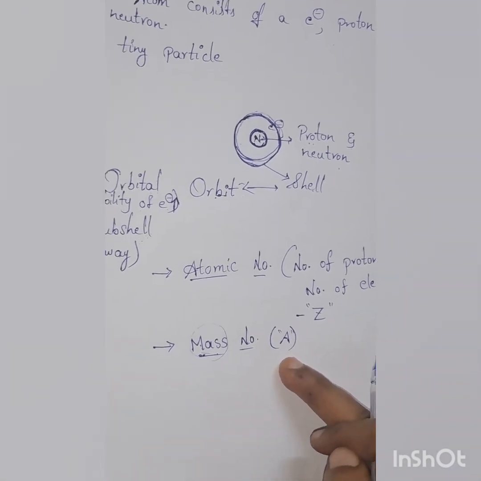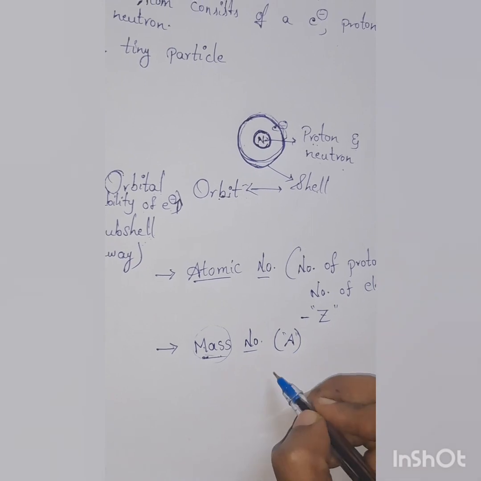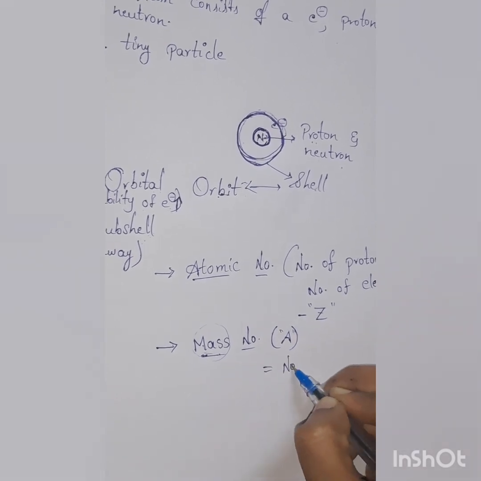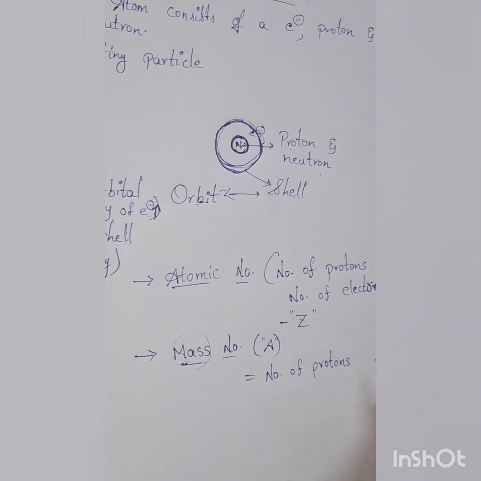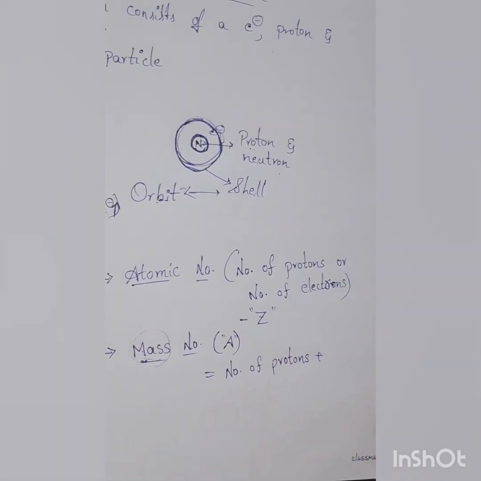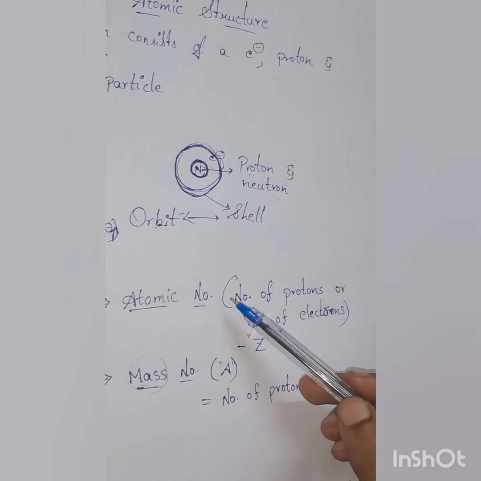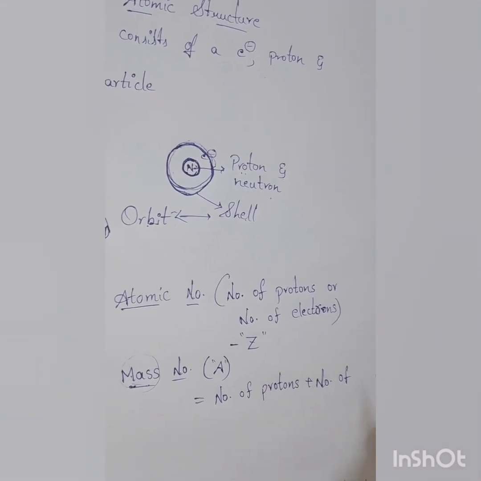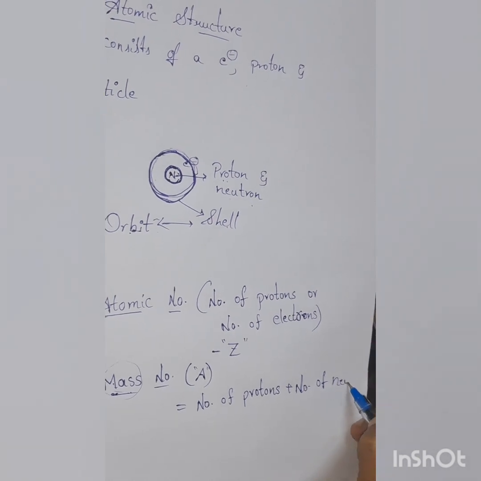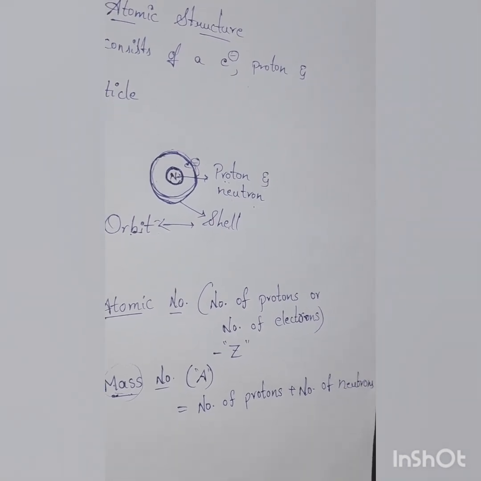If we add up those two subatomic particles present in the nucleus, as we have seen in our previous video, the protons and neutrons will be in the middle of the atom, right? In the middle of an atom there will be protons and neutrons. If we add up those two subatomic particles, we will get the mass number.